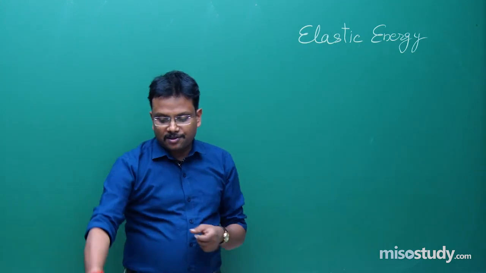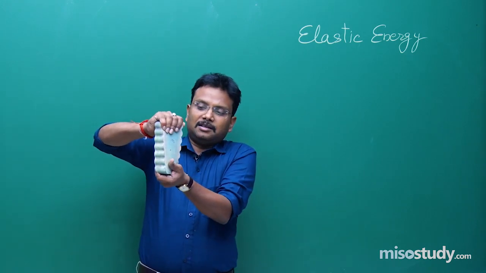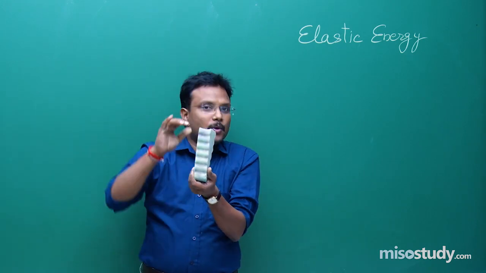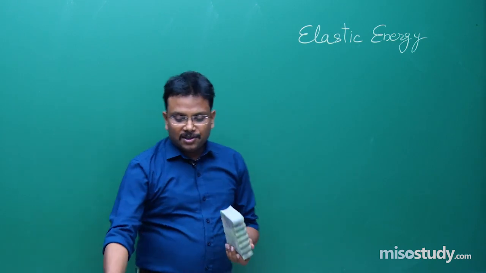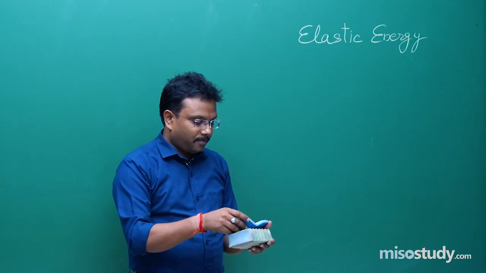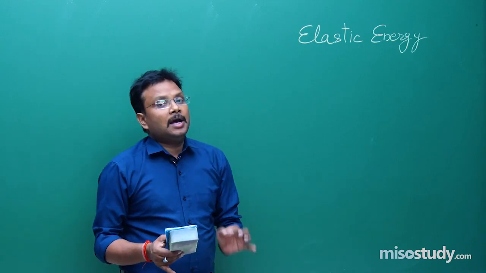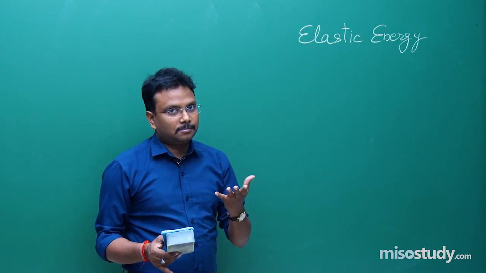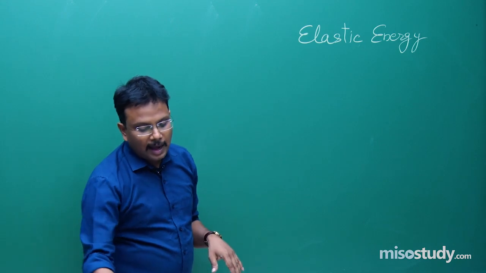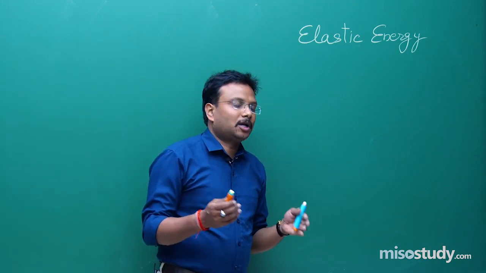Or if I am twisting something, say for example this plastic duster, then I am doing some work and that is going to be stored. Fine. So, this is the idea of elastic potential energy. Simply squeezing or twisting any object will give you the idea of this elastic potential energy.